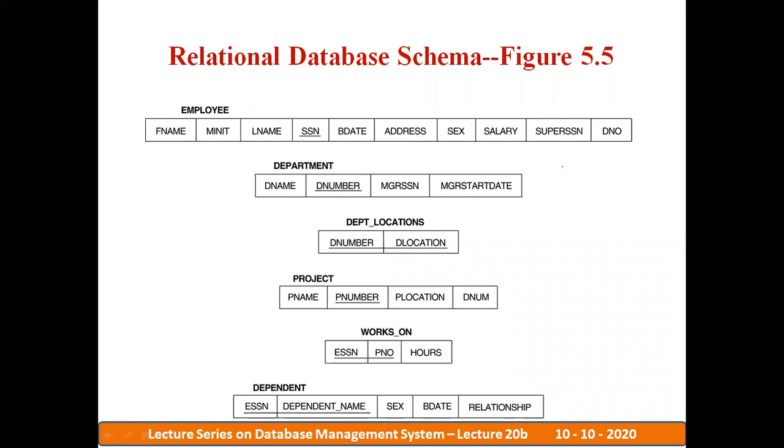For all our query discussions, we are using this schema diagram. This is the schema for the company database, having the tables employee, department, department location, project, works on, and dependent. These are the 6 tables we are going to use. We also know the attributes.